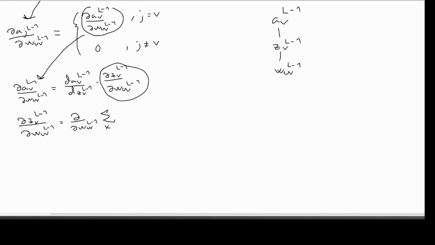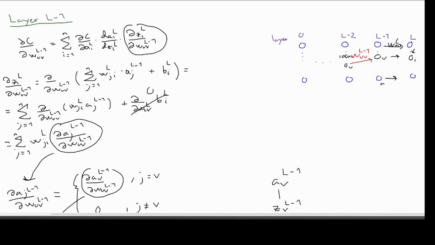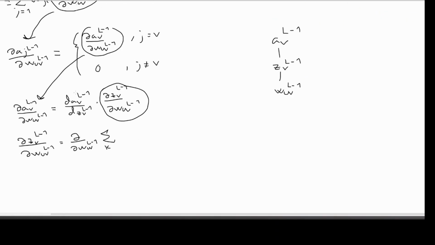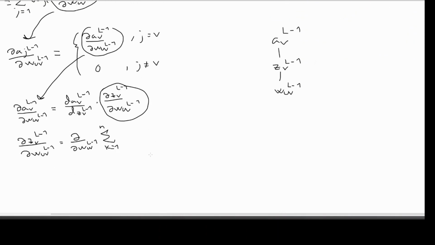I'm using k as a summation variable here because I've already used j and i in outer summations. So here I get the summation from k equals 1 to n. Since I'm always running to n here, it essentially means I'm assuming that in my neural net all the layers have the same number of neurons, which they don't have to have, but it simplifies the notation a bit.